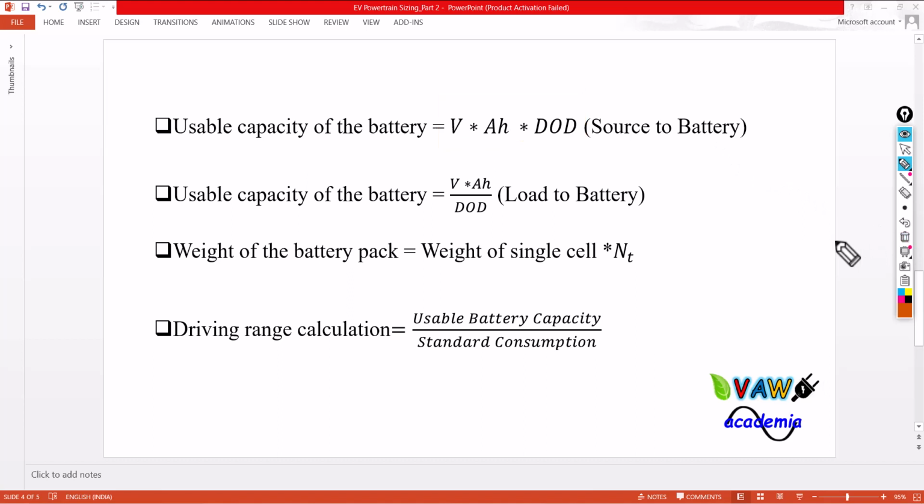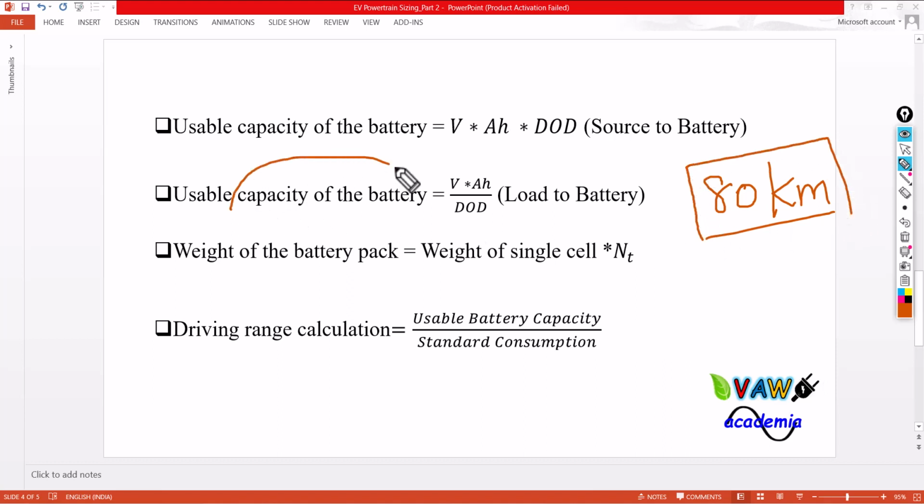For example, if we take a two-wheeler, I want an electric two-wheeler that should reach a minimum of 80 kilometer, which is good if you travel in a city, covering 80 kilometer per day. So this is your requirement: my two-wheeler should cover a maximum range of 80 kilometer. To satisfy this 80 kilometer, I am going to calculate the capacity of the battery.